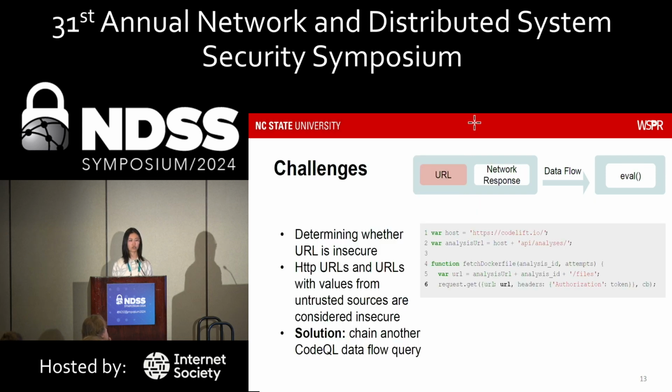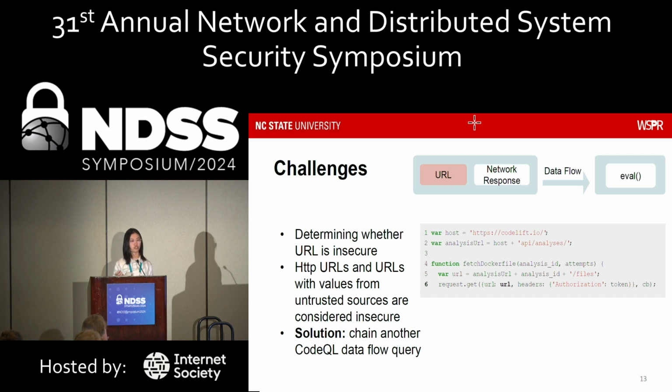But we ran into some challenges running just those basic queries because these data flows don't give us enough information as to whether or not the data flow could actually be exploited by an attacker. So for example, in this code snippet here, we would identify the network response source in line 6, the URL variable, but we're not sure what this value actually is. So to solve these challenges, we added what we call filters.